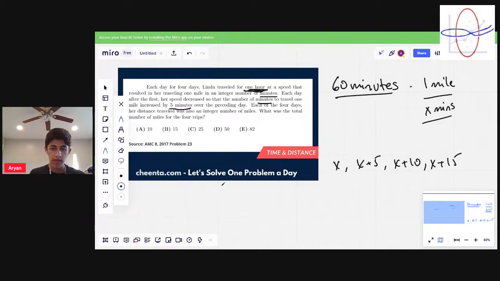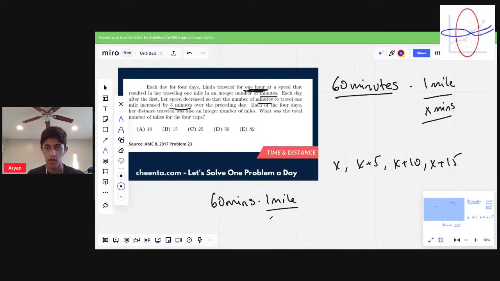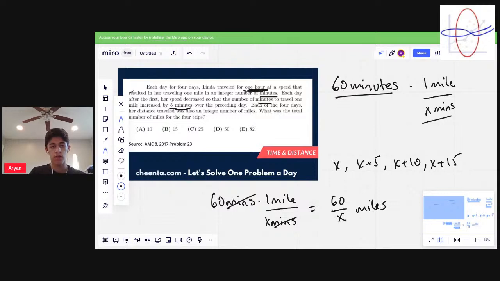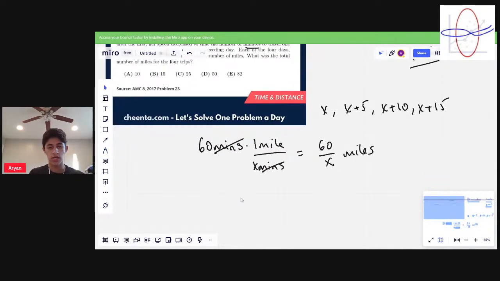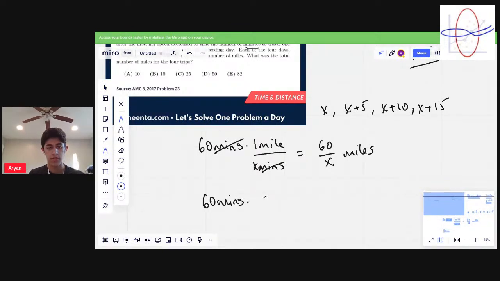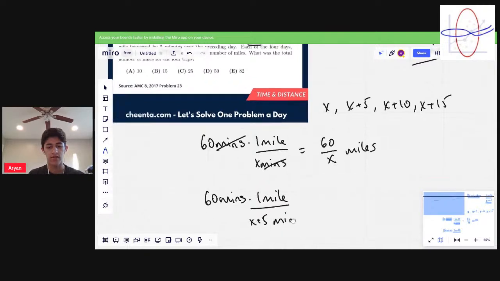If we have 60 minutes times 1 mile over X minutes, our minutes cross out, and we get that she traveled 60 over X miles on day 1. Then, using similar logic, you have 60 minutes times 1 mile over X plus 5 minutes.